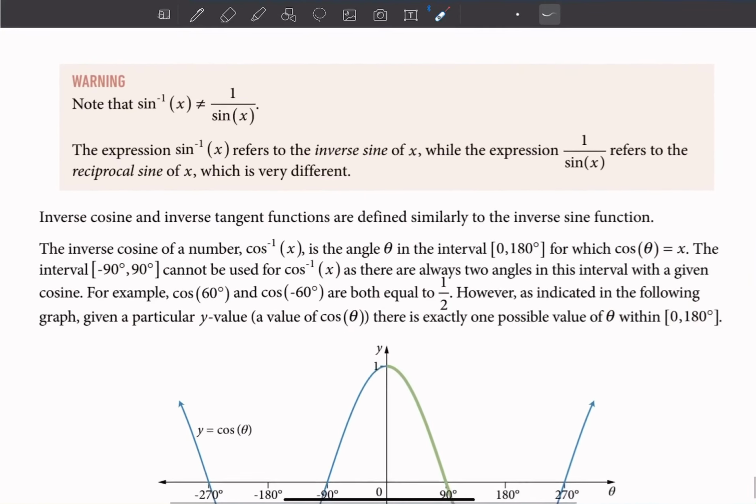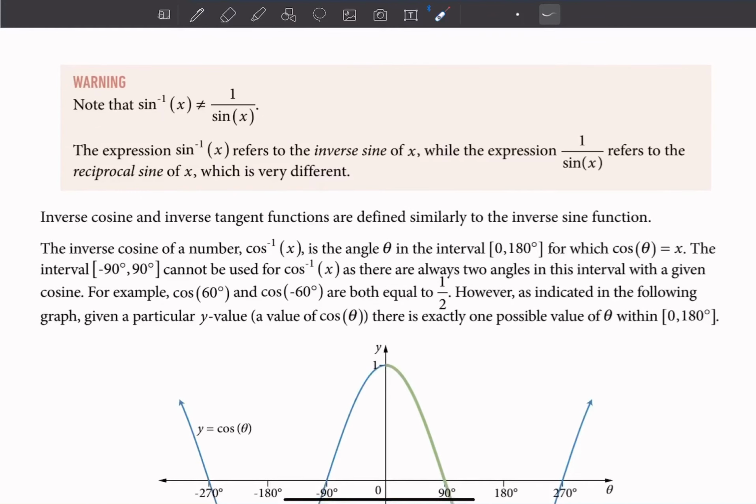Note, and this is important, we've used this -1, or the power of -1, to indicate 1 on something. We use that a lot when we do calculations. So it's very important to note that this symbology that we're using here means the inverse function, which is not equal to 1 on sine x.